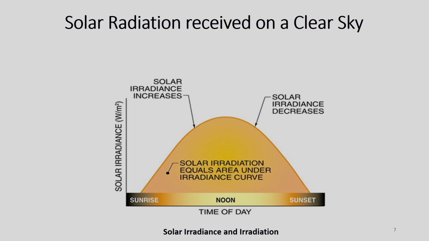Now, coming to the solar radiation received on a clear sky. When the sky is clear, you are expected to get this kind of profile. At sunrise the radiation will be very low, then it slowly increases and reaches a peak at noon, and then it decreases until it reaches 0 when sunset occurs.